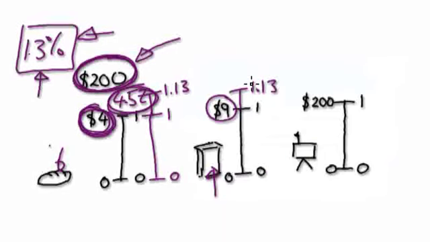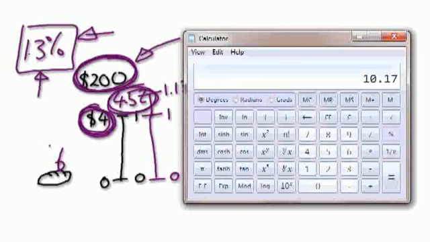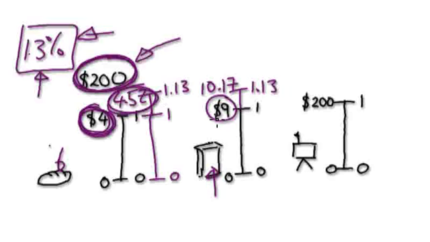So it costs $10.17, I think. Let me check. Yeah, $10.17. So with inflation of 13%, it was $9, and then at the end of the year, you're going to have to pay this much for the same box of cereal.